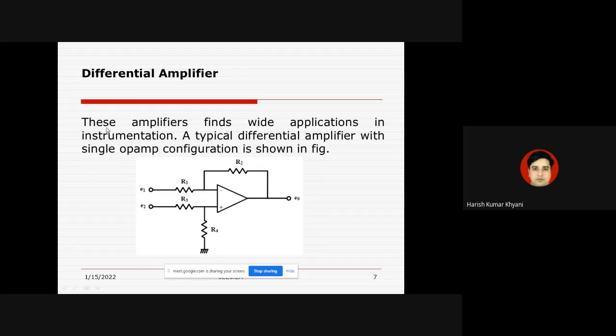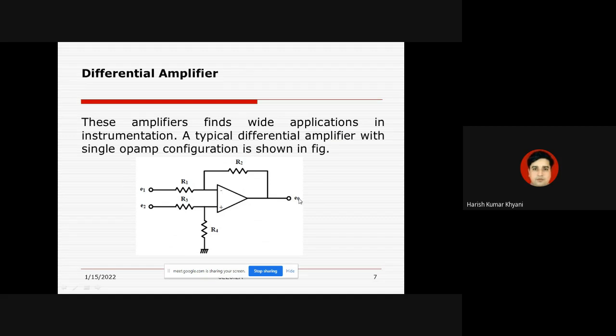If we talk about the differential amplifier, differential amplifiers find a lot of application in instrumentation. This slide shows the circuit diagram of a typical differential amplifier where we apply two inputs at both terminals, 2 and 3, at the non-inverting terminal as well as the inverting terminal, with some resistors.